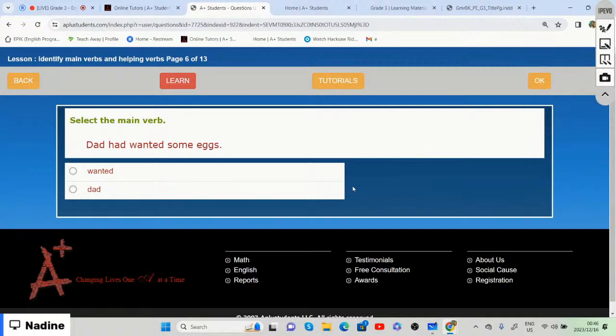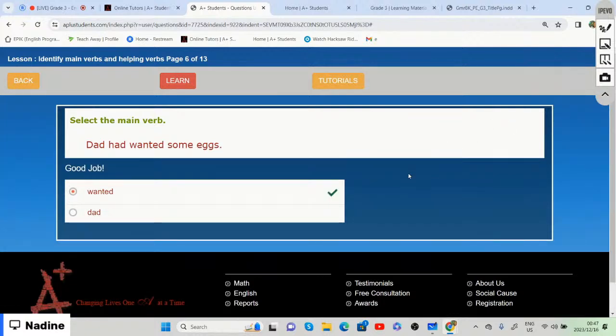Is it wanted or dad? All right, so if we select our main verb, then wanted is correct. So wanted, well done, everybody.